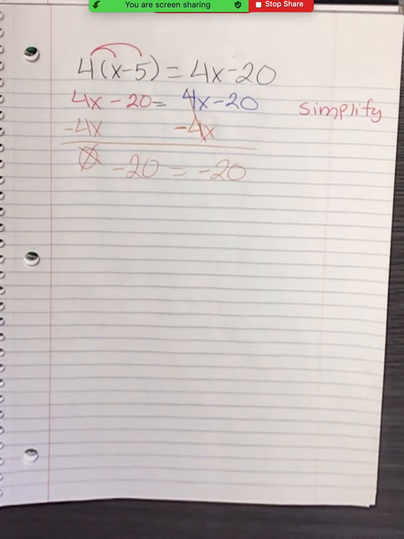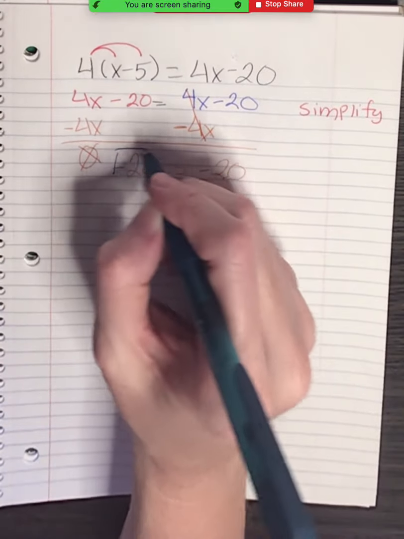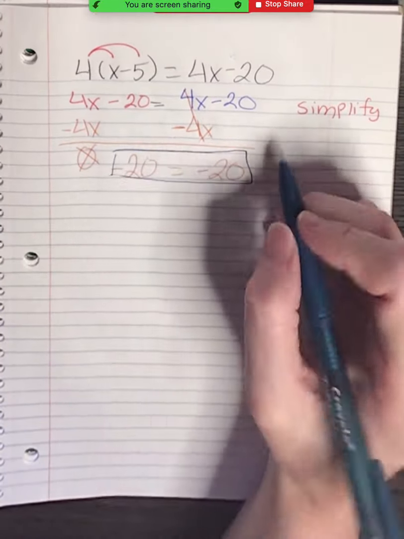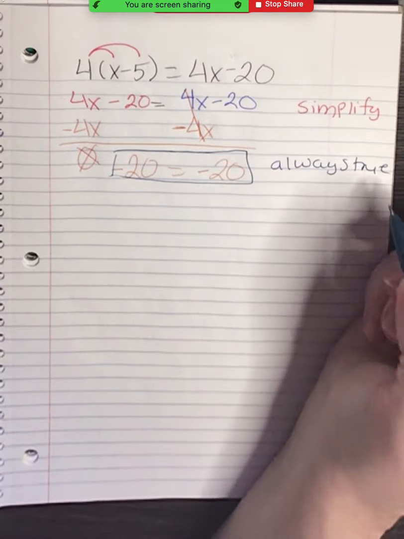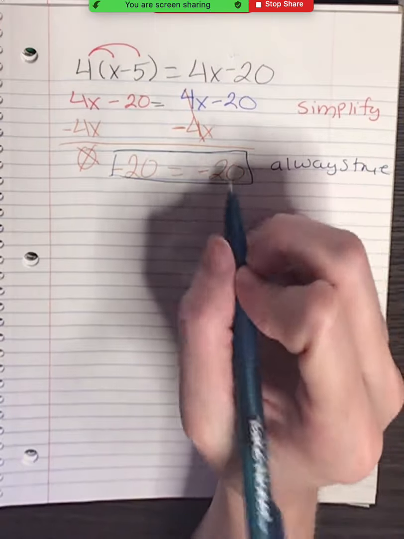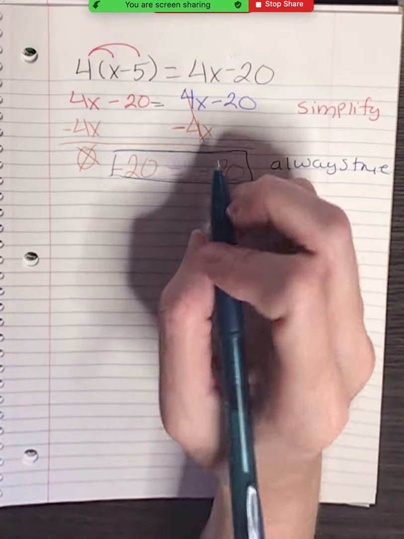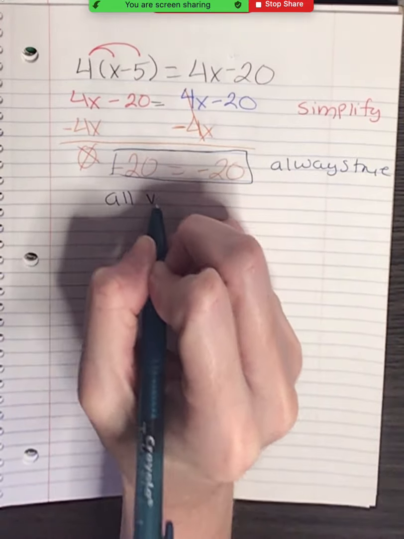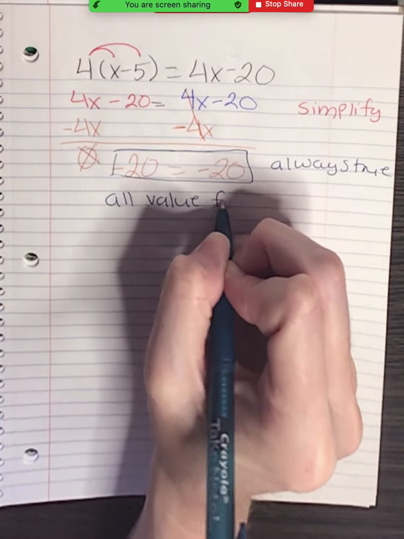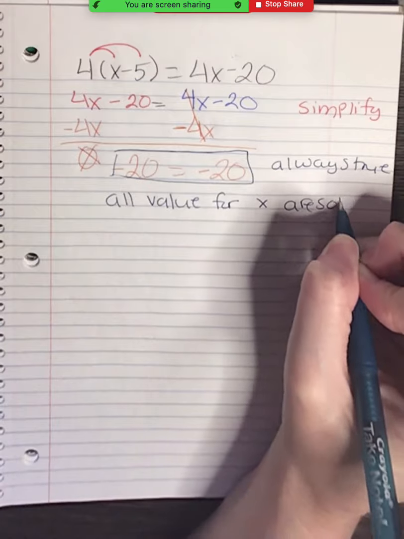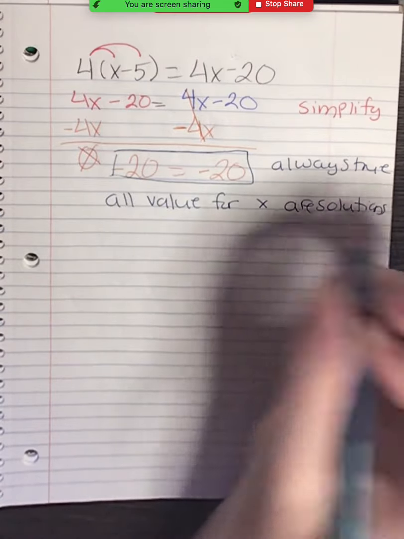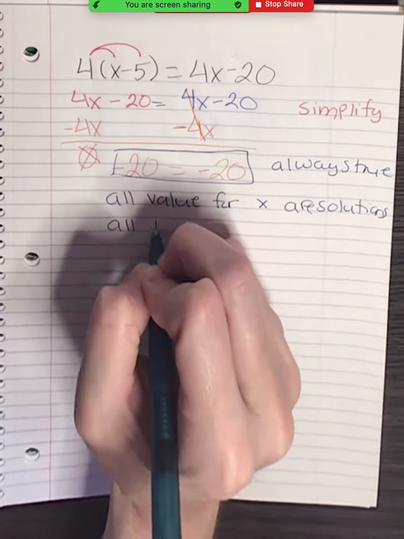Okay, so we get here, we're like, well, negative 20 equals negative 20, right? This is always true. So what that tells us is that since this is always true, all values for x are solutions. So we can say all real numbers.